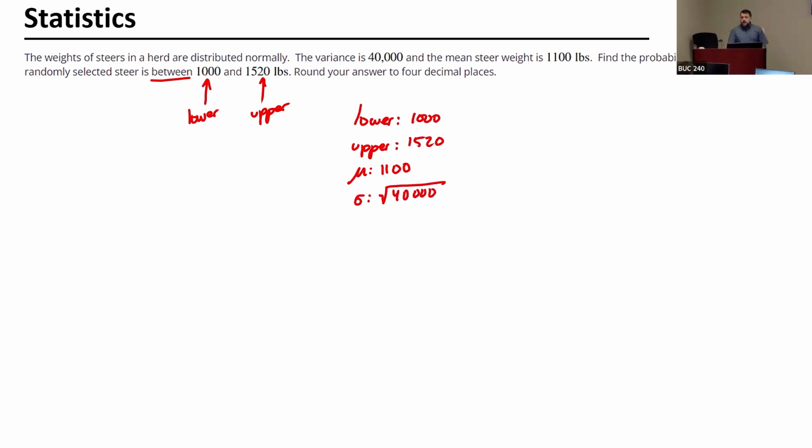It'll work it out for you that way. Or take the square root separately and you would get 200. Doesn't matter, either way, you're gonna get the same answer. And what do we get? 98.21. 0 point what? 98.21.